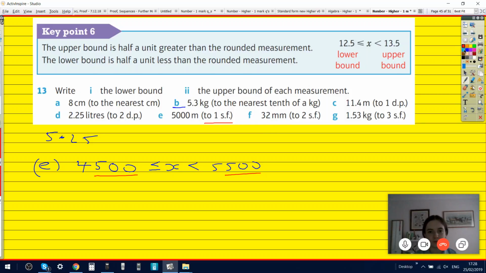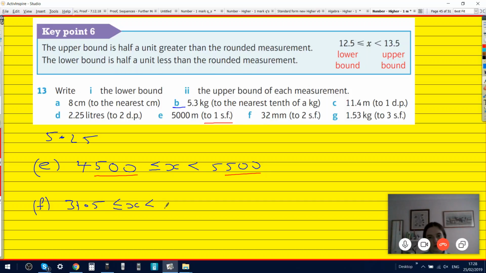Okay, F. 31.5 and 32.5. And G. 1.525 and 1.535.